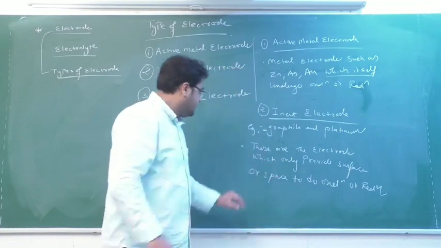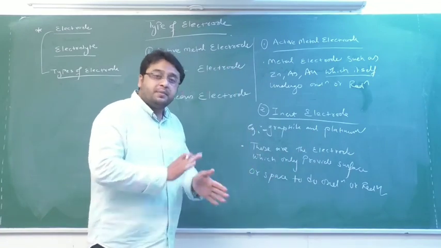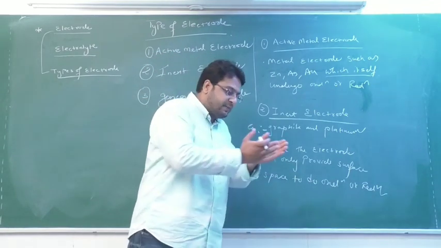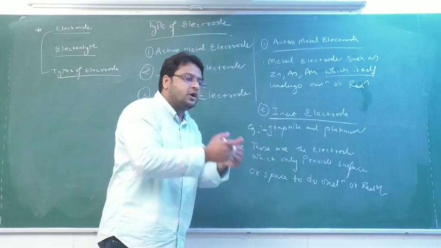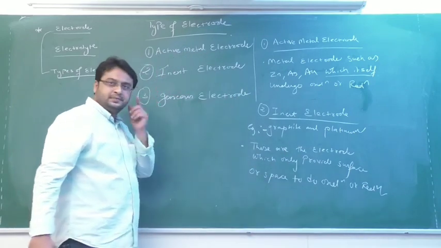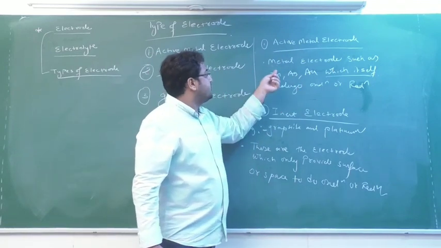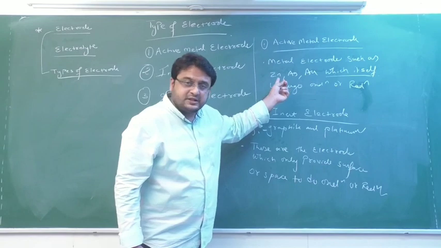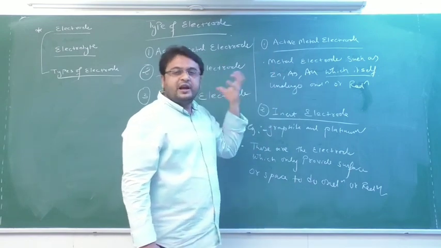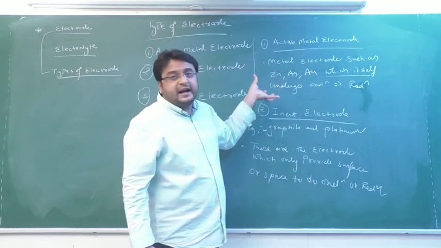In graphite and platinum, they will do oxidation, they will do reduction, but there is no sacrifice. They just provide a surface, come here, do oxidation or reduction, and go back. Weight remains the same. But active metal electrodes give sacrifice, so either their weight will reduce, if they act as an anode, or their weight will increase, if they act as a cathode.